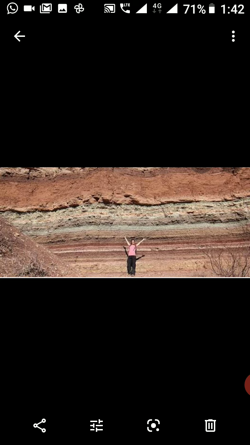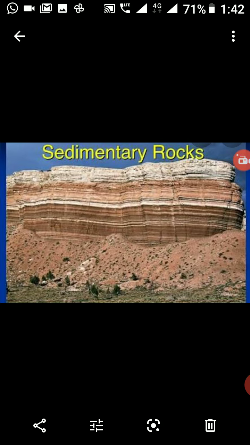You can see the number of layers. Sandstones are forming layer by layer in the basin. So this is also a sedimentary rock, and this rock type is the sandstone.